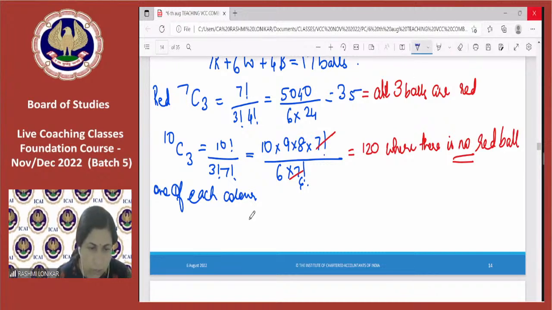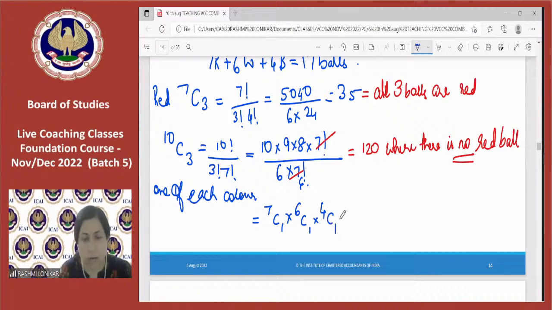One of each color is equal to 1 of red, 7C1. How many white balls are there? 6. So 6C1 will give me 1 white ball. And how many blue balls are there? 4. 4C1 will give me 1 blue ball.